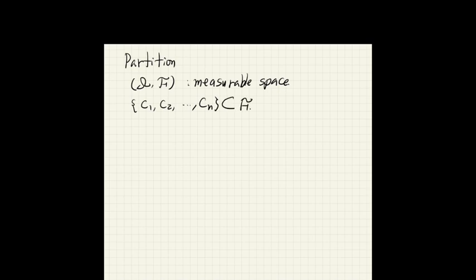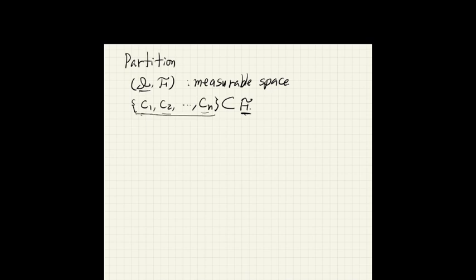Remember, this F sigma algebra is a set of subsets of omega. So the elements of F are subsets of omega. When we say subcollection of F, that means C1, C2, up to Cn are subsets of omega which are also elements of F.